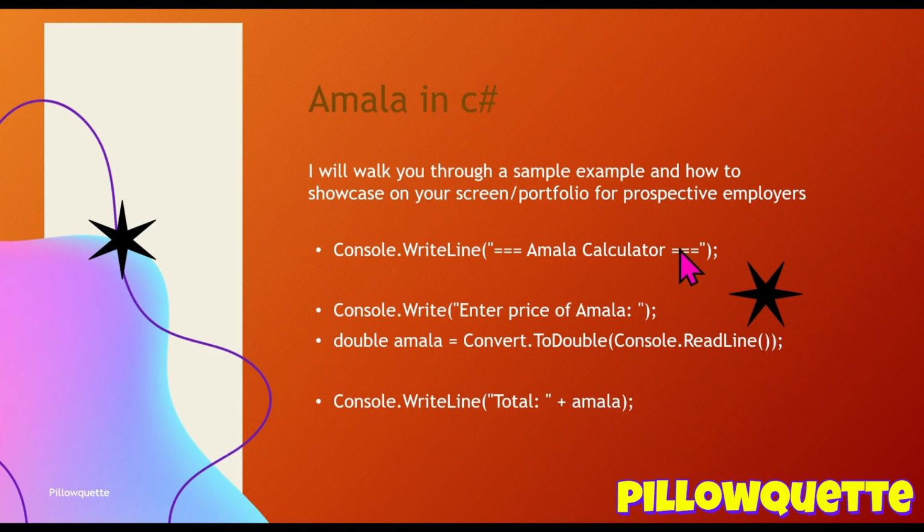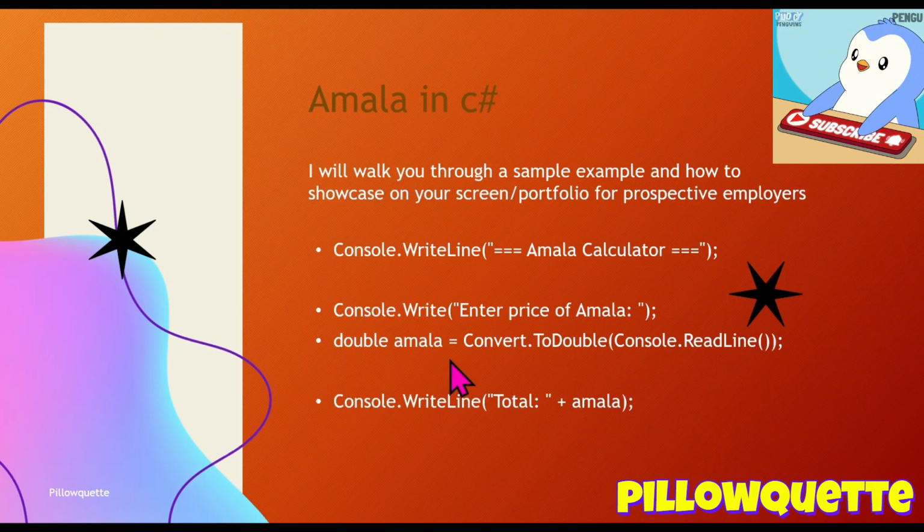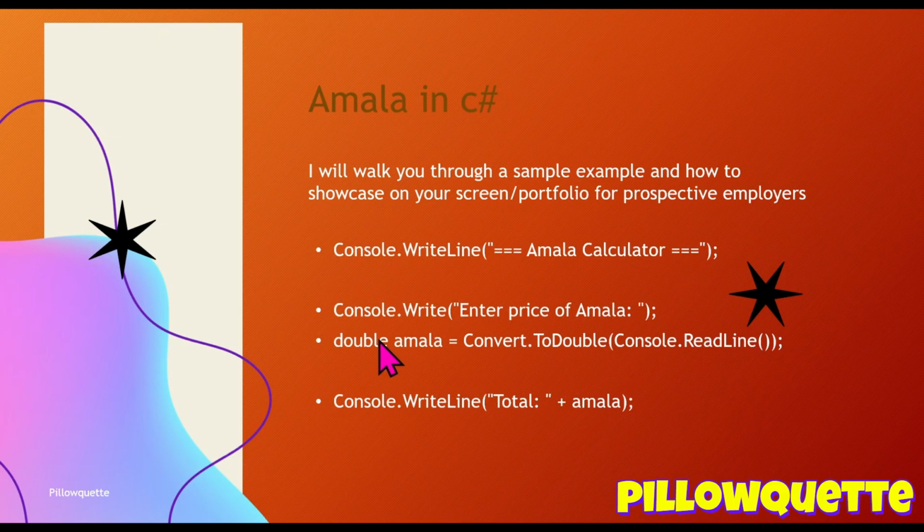So we write Console.WriteLine, where you're trying to find out the cost of amala, for example, and we put the prompt, enter the price of your amala. We know this Write is going to be on the same line. And then double amala equals Convert.ToDouble of Console.ReadLine.